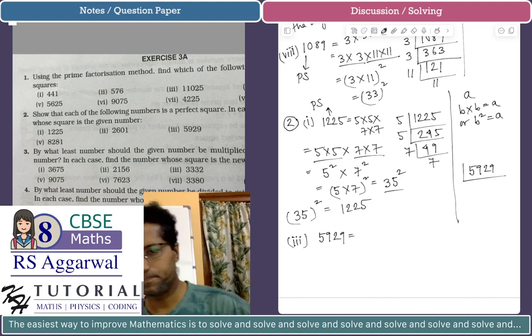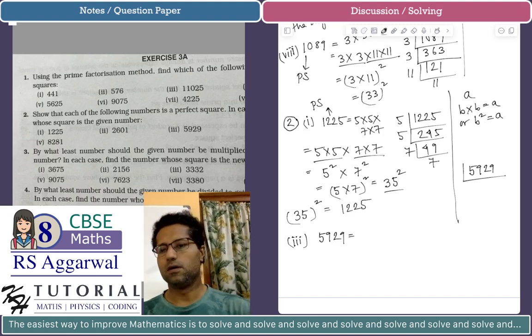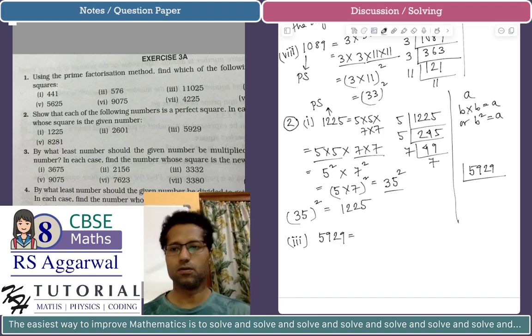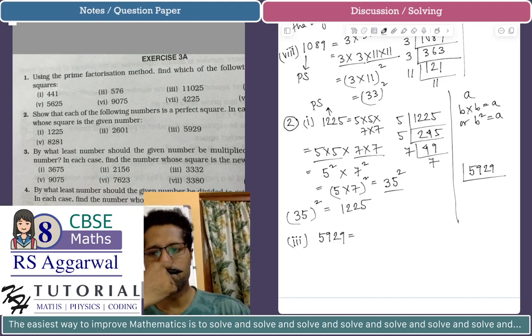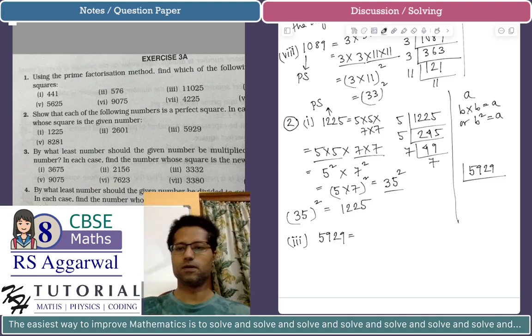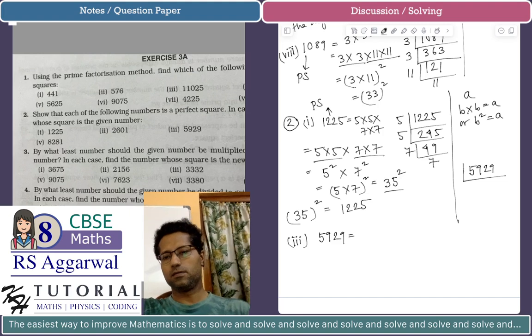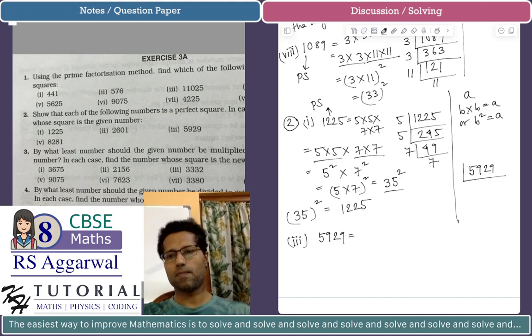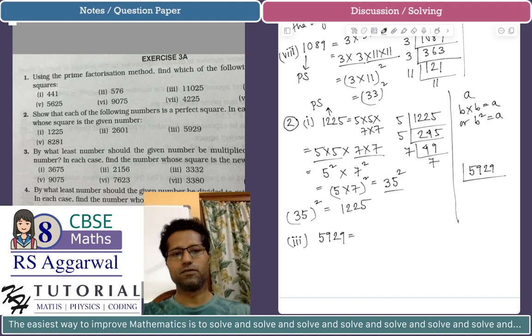Will it divide by 3? No, I don't think so. Let's try 7. No. The question says to show that each of the following numbers is a perfect square.